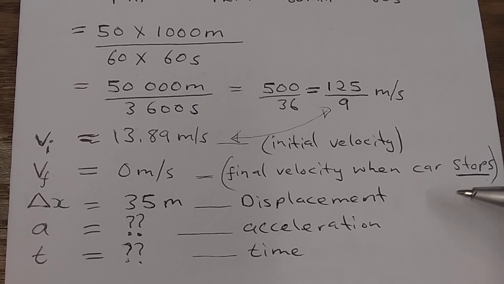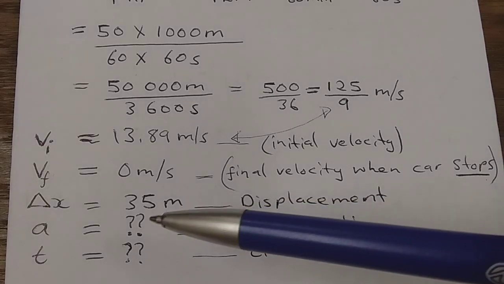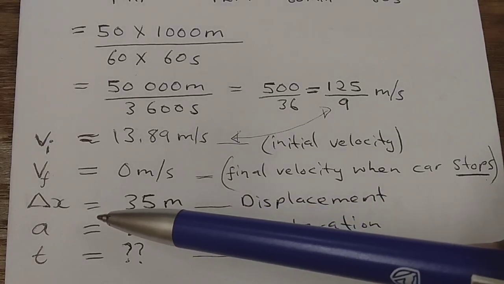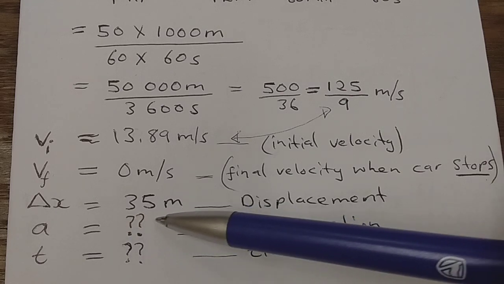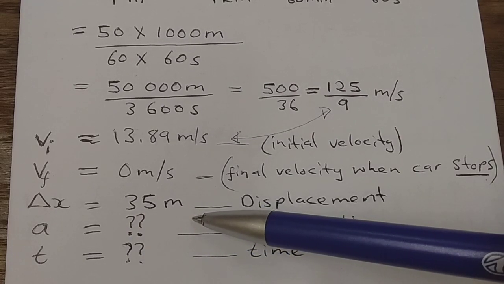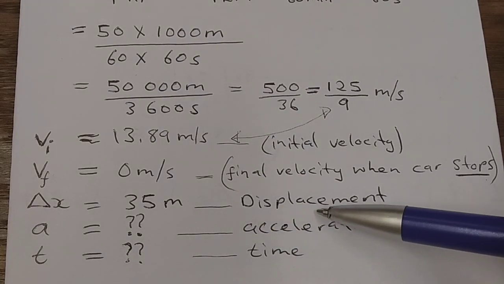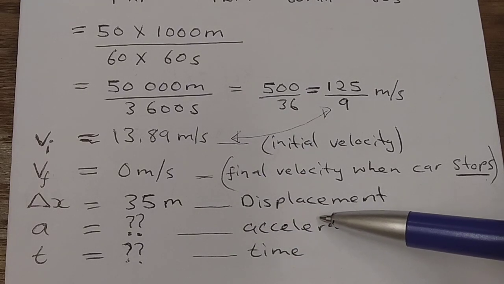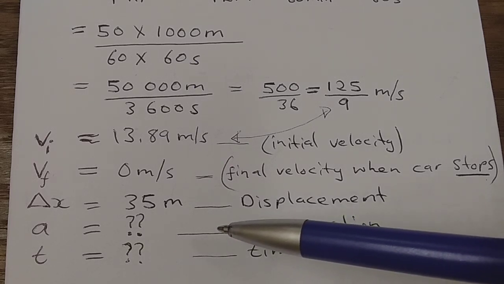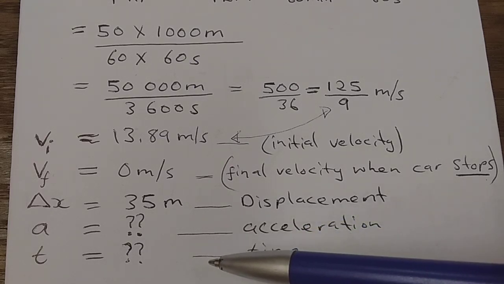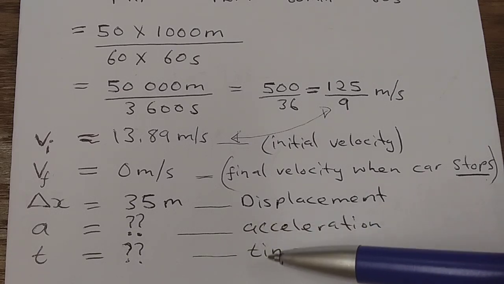We have been told that the car applied brakes, and the braking distance was 35 meters. So this is the displacement. You can see here we have two unknown variables, A and T, acceleration and time.